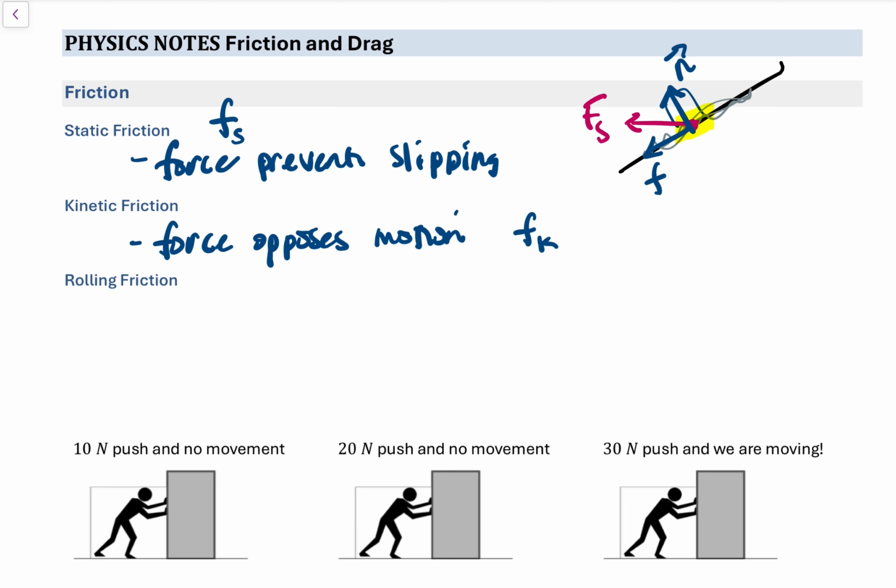But if the wheels are spinning and turning on that surface, we have what's called rolling friction. So rolling friction is just when we have a wheel rolling on a surface. Again, we're going to use our lowercase f, and we're just going to use a little L. I'll talk about each of these in a little more detail in the next video, but this is just to introduce the three types: static, kinetic, and rolling friction.